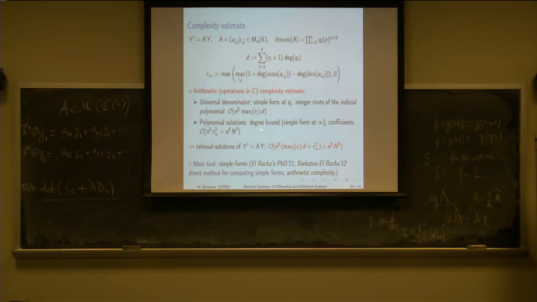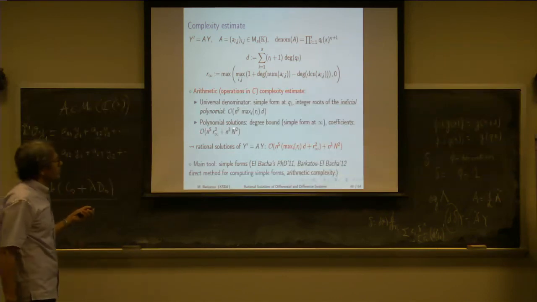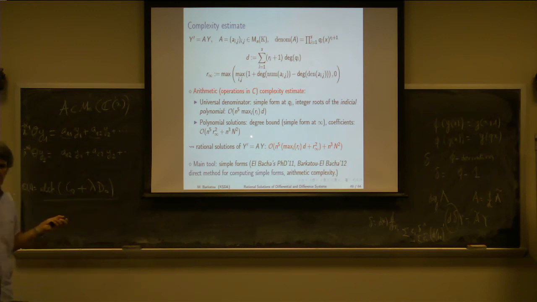As for the polynomial solution, it can be done in this number of operations, n to the 5 again, plus n infinity squared, where this is the rank of the singularity at infinity, times n to the cube, and capital N is the bound on the degree. Of course the input, the output, and the number of operations depend also on this. And then in total, this is the complexity for the rational solution using this algorithm.